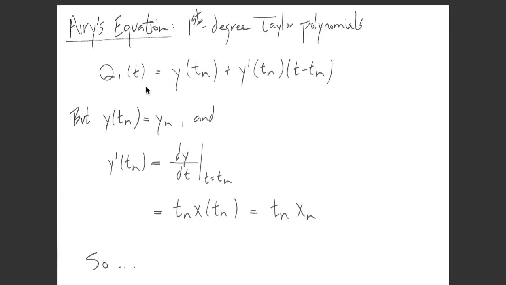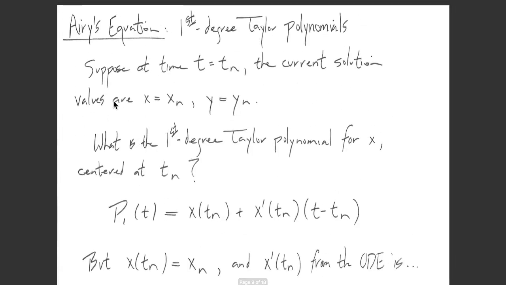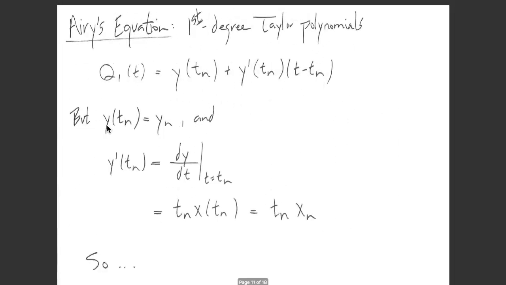Here's just the generic form of the first degree Taylor polynomial for y centered at t sub n. Now let's use what we know. y at time t sub n is y sub n, and that's coming, remember, from our assumption that we've got a computed value at step n for y sub n. So y of t sub n is y sub n.